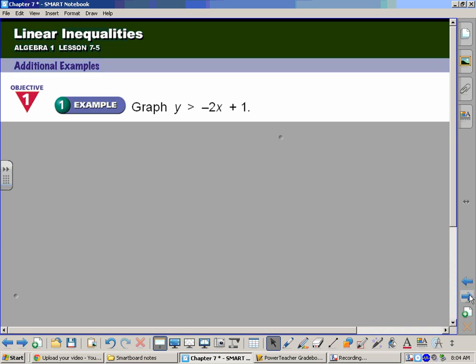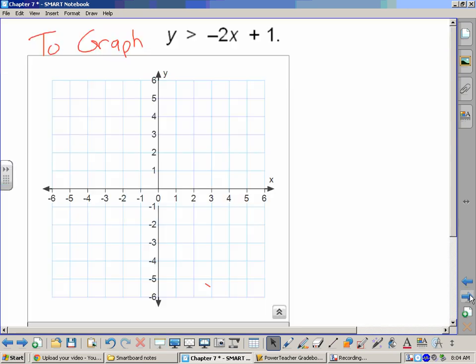Here is an inequality. We're going to graph y greater than negative 2x plus 1. And to do that, we want to first graph the line y equals negative 2x plus 1. So that's the first thing we have to do.